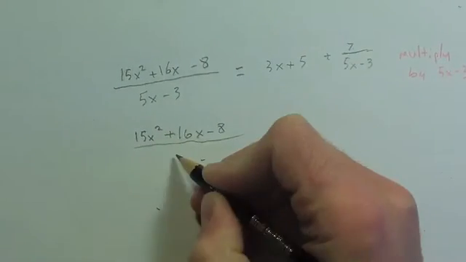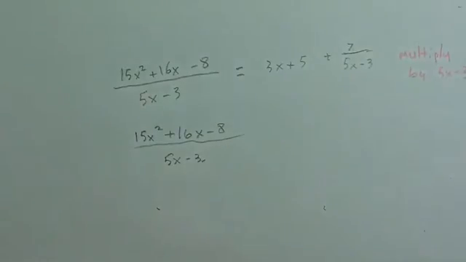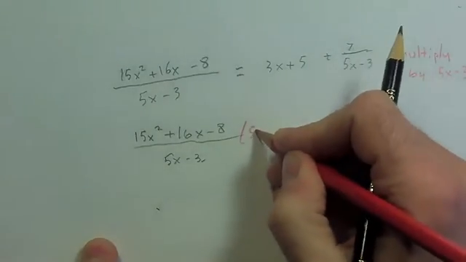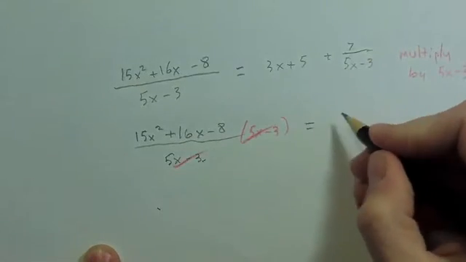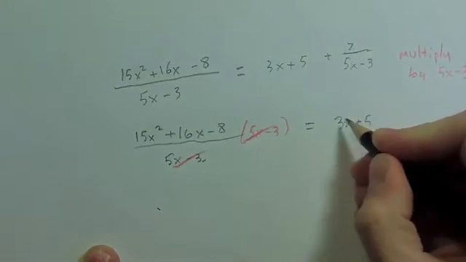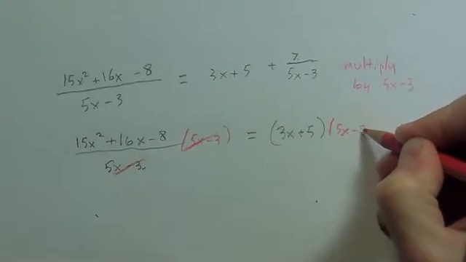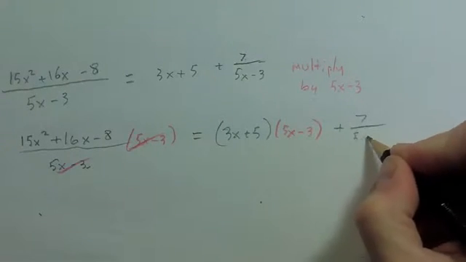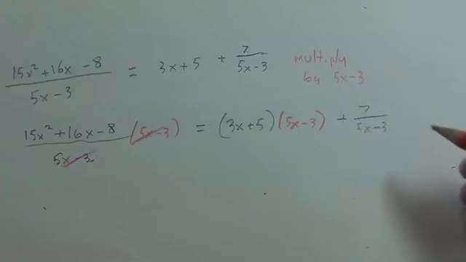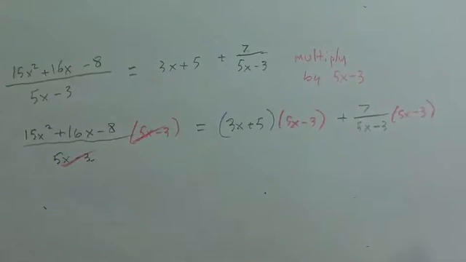So let me actually write this out. If I multiply this by 5x minus 3, these pieces cancel. I have a 3x plus 5 times a 5x minus 3. Nothing cancels there, that just stays like that. But then the plus 7 piece, well, the denominators cancel there.